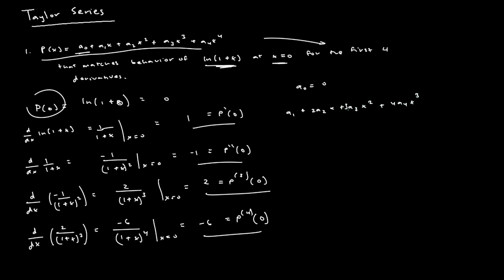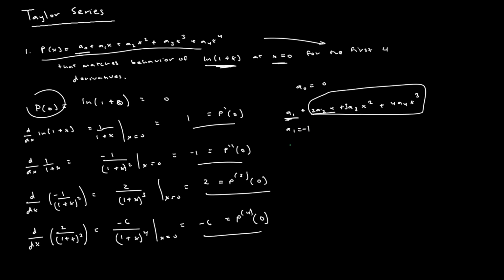And notice how when x is equal to 0, all of these other terms don't matter because they'll be zeroed out, and hence we get that a1 is equal to 1, negative 1 I meant. So a1 is equal to negative 1.